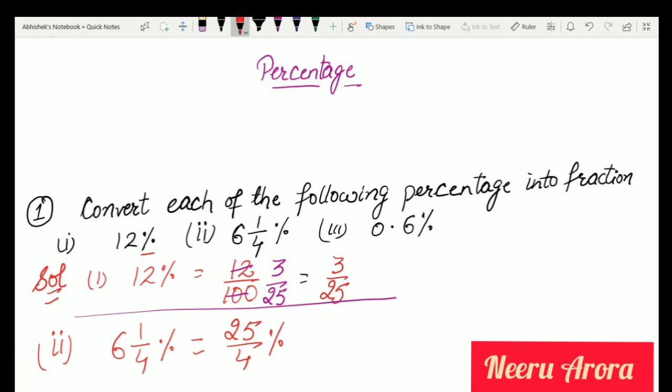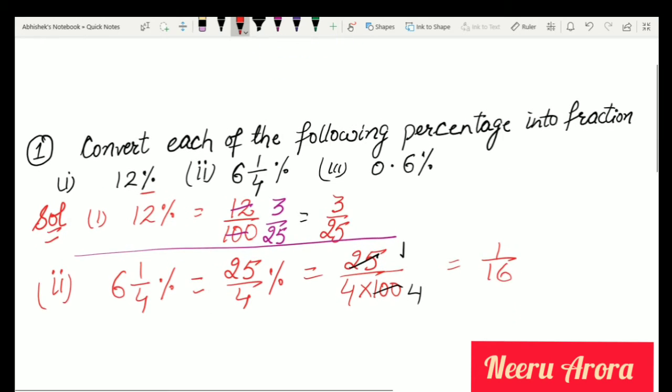Now when we remove the percent sign, we will divide it by 100. We will put 100 in the denominator. Now let's do the cutting and we'll express this fraction in the simplest form. 25 4s are 100. So it is equal to 1 by 16. 4 4s are 16.